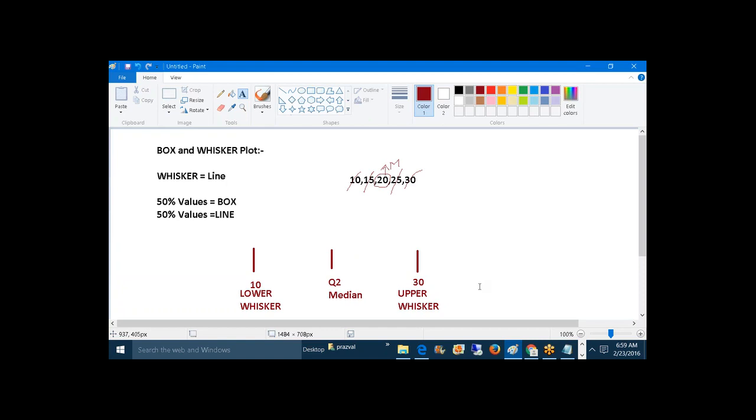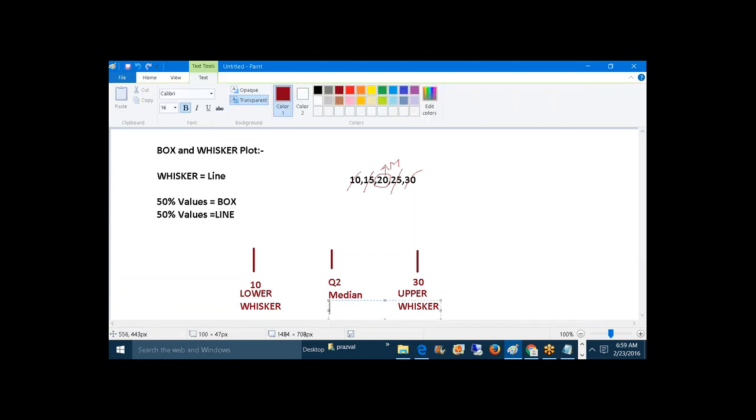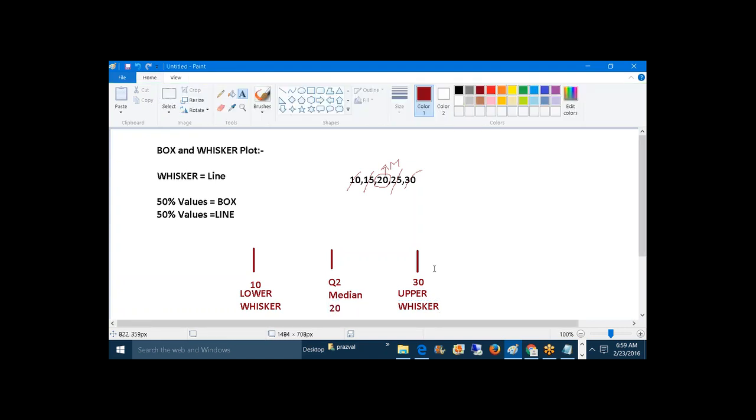Next, it will again take the mid value between the lower whisker and the median. The lower whisker value is 10 and the median value is 20. So in between 10 and 20 it will again find the median, which is 15.